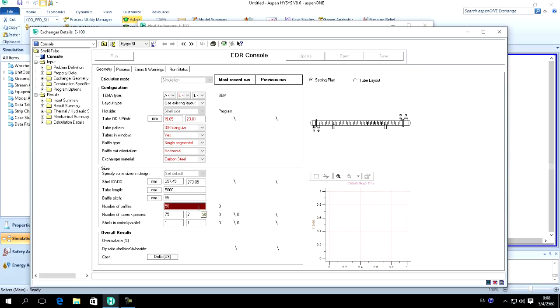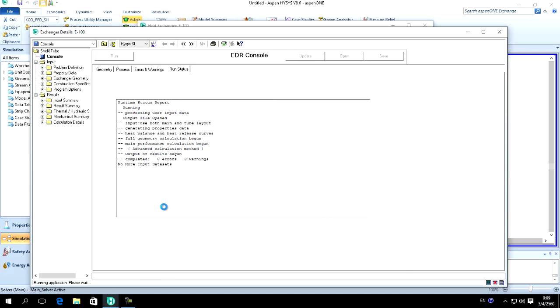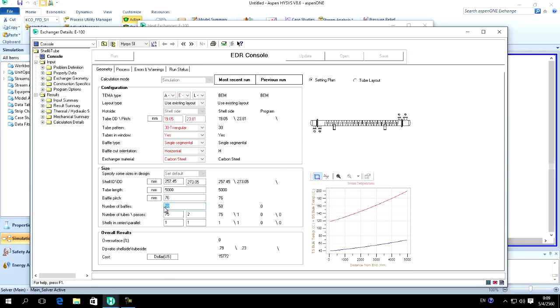So from here, something happened to this baffle because there are too many, and with the larger baffle pitch, so I reduce that to 26, and then I change that to 60.